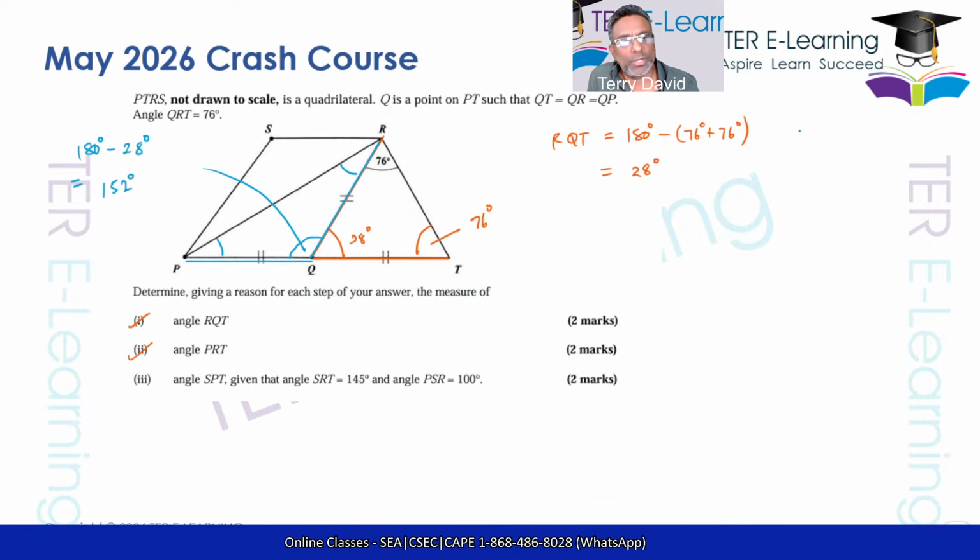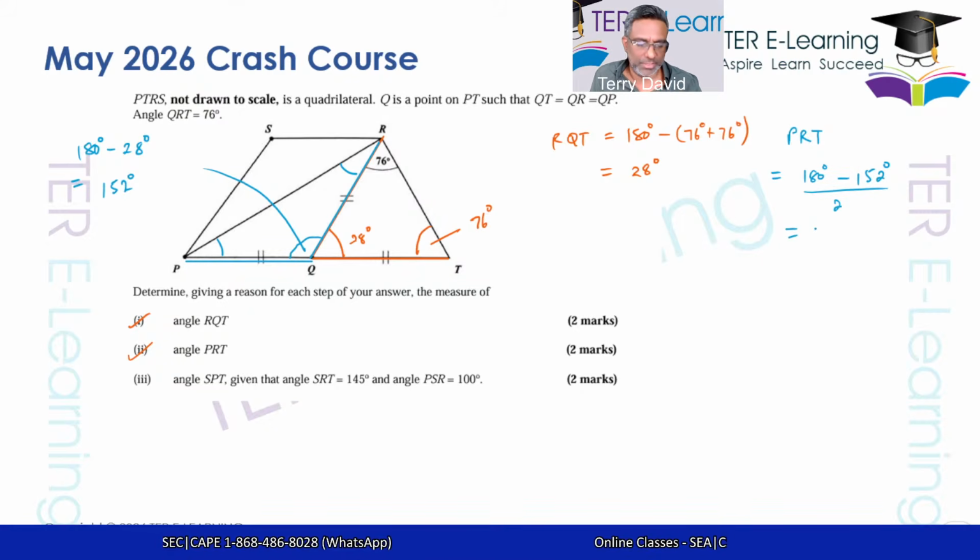So if you want to work out PRT, angle PRT is simply going to be 180 minus your 152, okay? And then we're going to have to divide that by 2 in order to get PRT. So that's 180 minus 152 divided by 2, and we're going to get 14 degrees.